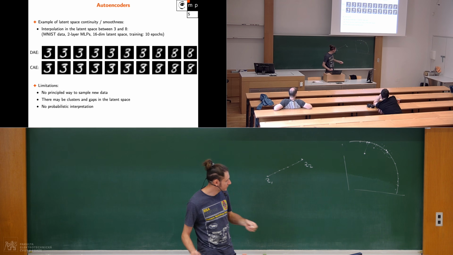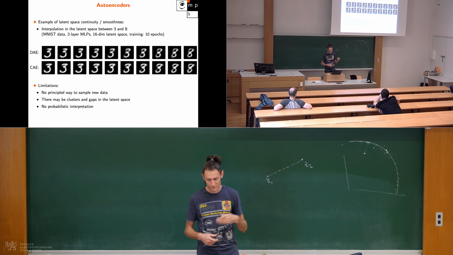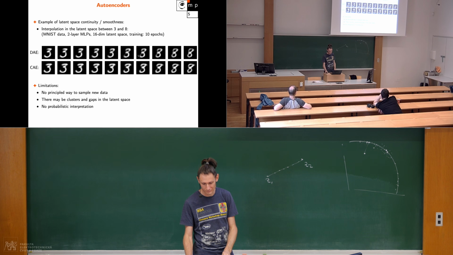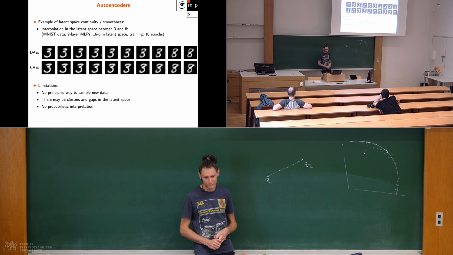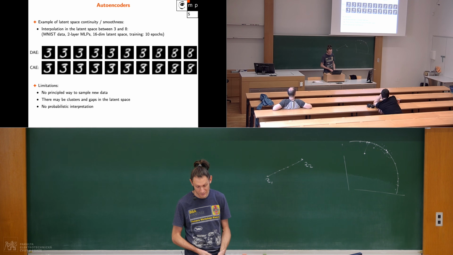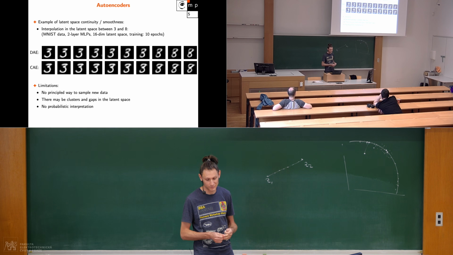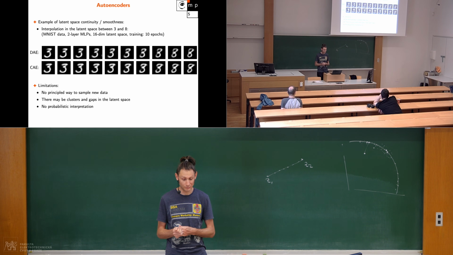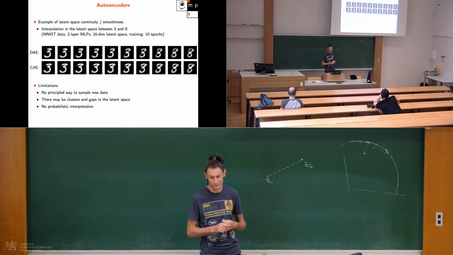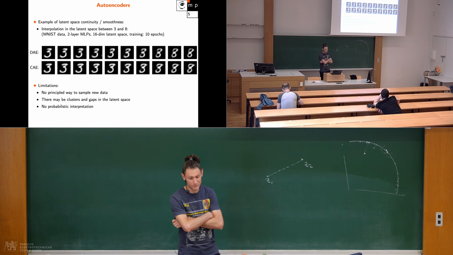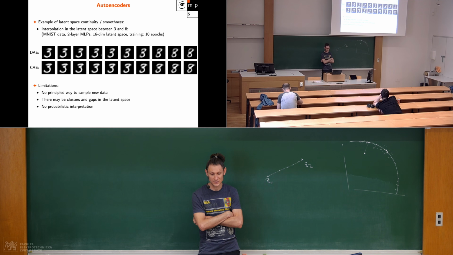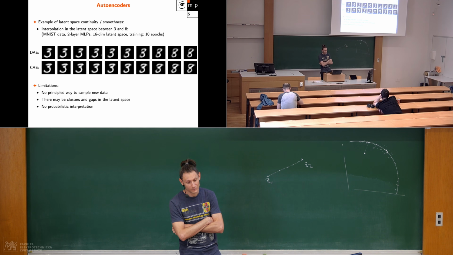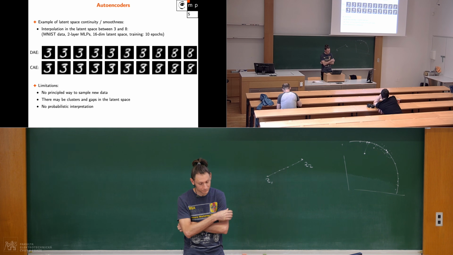If we decode the codes in between, we obtain these different variants of the digit, which we could argue is better than interpolating in the image space, but probably still not powerful enough to do more sophisticated geometric transforms or interpolation between more complex objects.